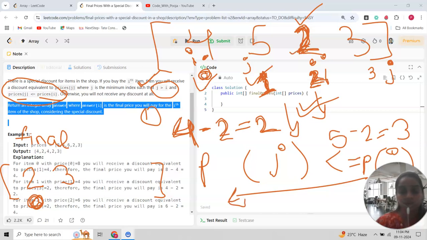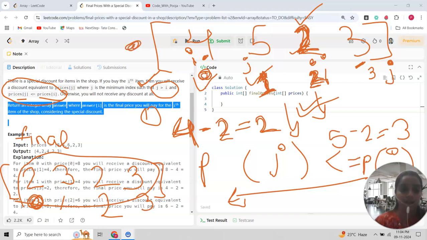So here is 2, then here is 3, and of course this one is the last element, there is no j present after it. So again it will return 3. So this is the final price of each particular item, let's compare to the main. So here is the main and here is the final.